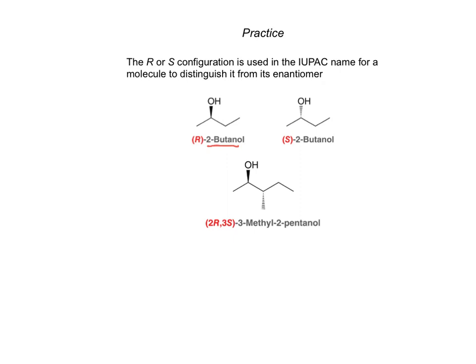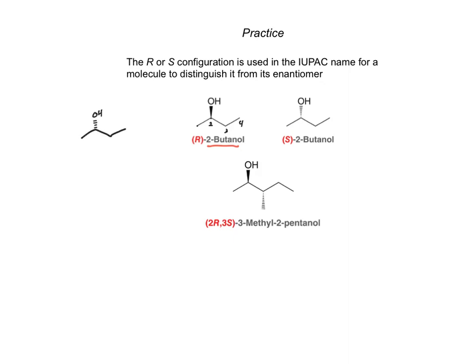So for example, this 2-butanol has a carbon attached to an oxygen at carbon 2, 3, 4, right? There is another way that this molecule can be arranged, and that is this guy, right?